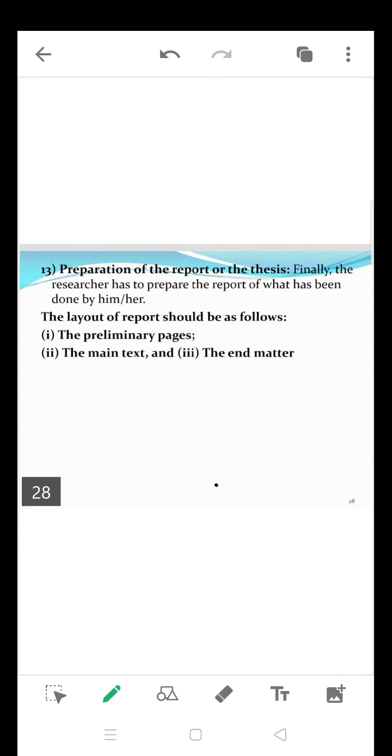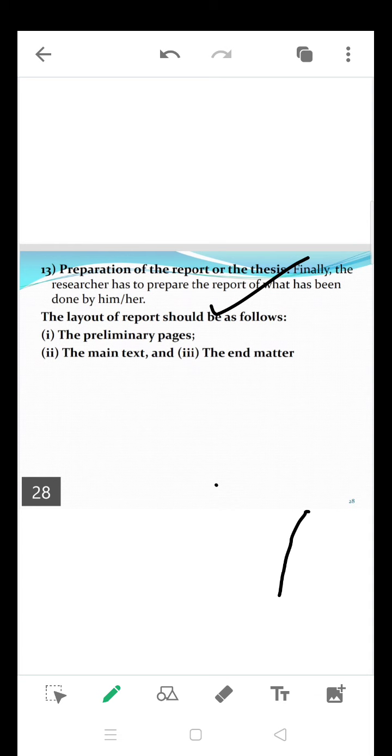And the last step is preparation of the report or the thesis. As I told you, the research report should be carefully recorded. It is very much necessary that whatever process you have followed and whatever ultimate outcome you have taken from your research process is recorded in a systematic way.